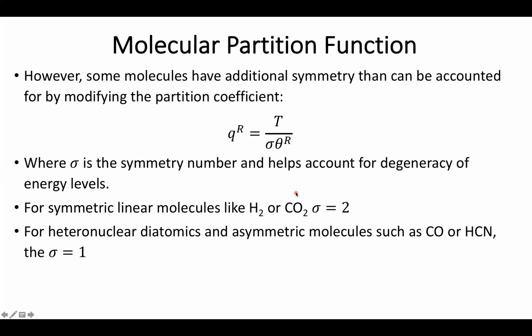However, if I have heteronuclear molecules, so things like CO or HCN, so ones where it's very clear to see which end is which, then we get to use the previous version of just temperature over characteristic temperature. And using this, we can go ahead and back out our rotational partition functions, which will help us determine many observable features, which we'll bring up later.